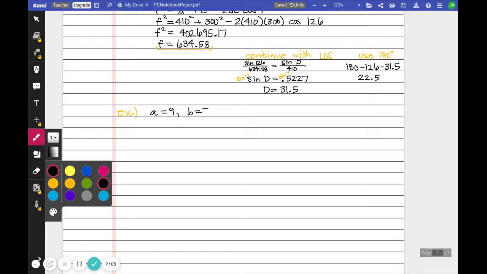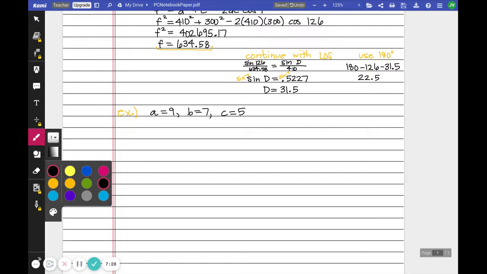Law of cosines is great for helping us decide if we have an obtuse angle or not, because cosine has inverses from 0 to 180.